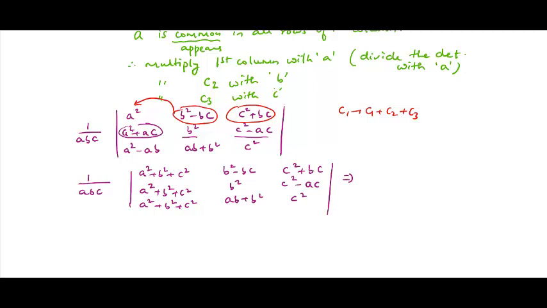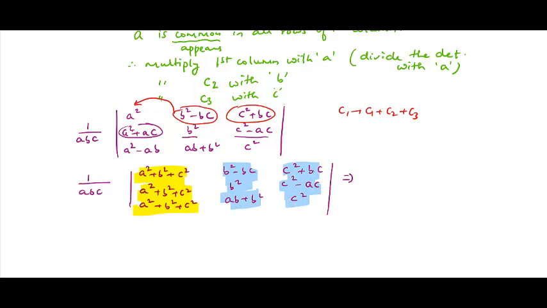Now you can take A square plus B square plus C square common from the first column, B common from the second column, and C common from the third column.